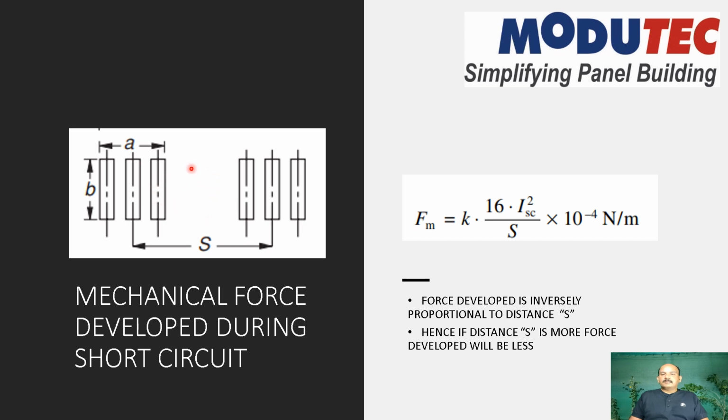We need to keep more distance between phases as much as possible, to reduce the mechanical force during short circuit which comes on the bus bar systems. If you reduce it, the impact will be more; if you increase it, the impact will be less. So the enclosure strength and the support strength will be taken care of while placing adequate distance between phases. This is the formula we can use during calculation. What is the distance we need to keep?